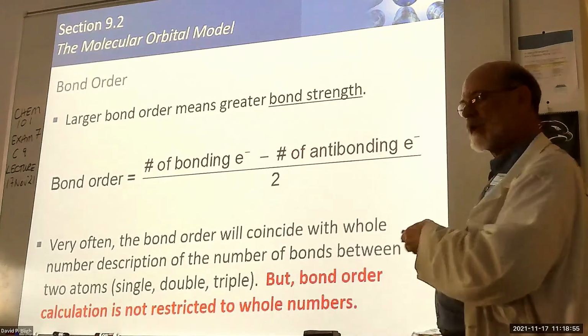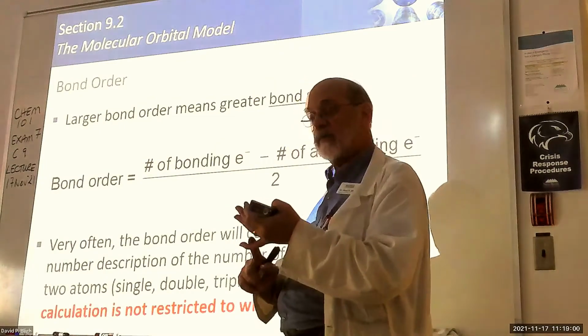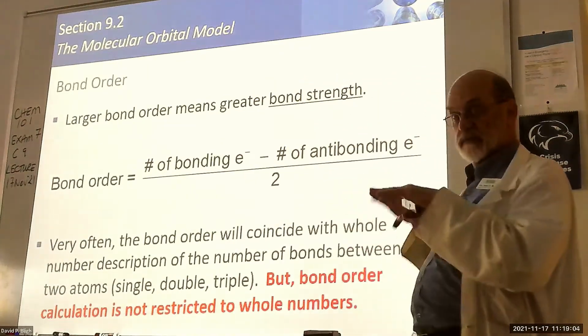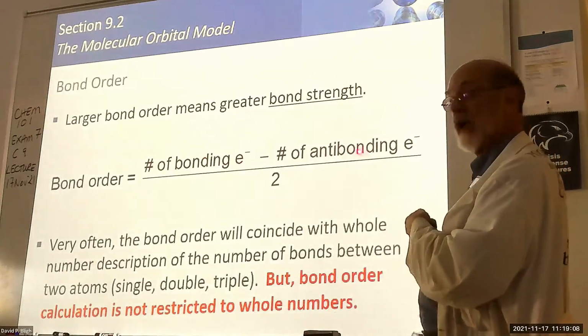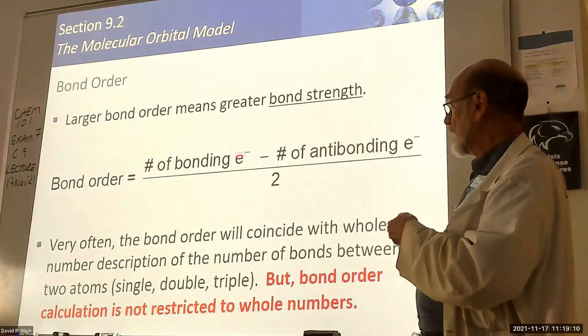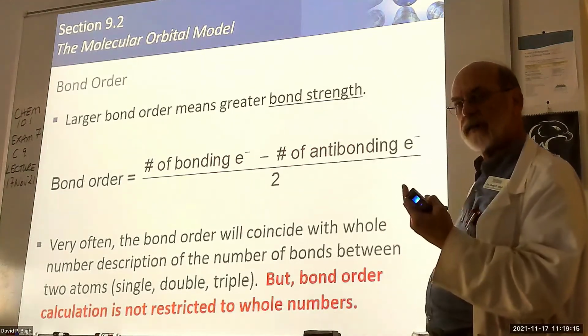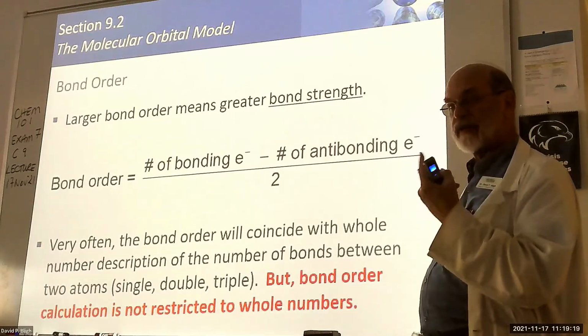And that bond order will give you an idea of both will the bond form and how strong will it be in relative terms. So if we do that for the hydrogen, we had 2 bonding and no anti-bonding. So we had 2 minus 0 divided by 2 is 1. So the bond order is 1. Now in this case, that whole number 1 implies a single bond.